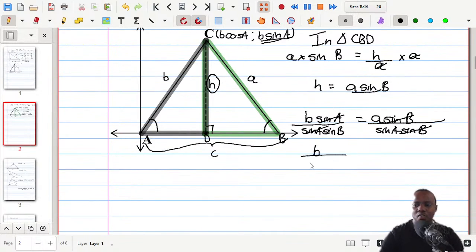We've got B over sine B is equal to A over sine A. And this is actually the sine rule.